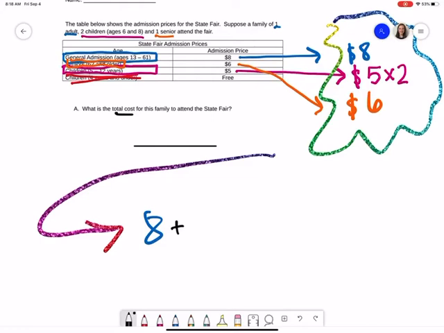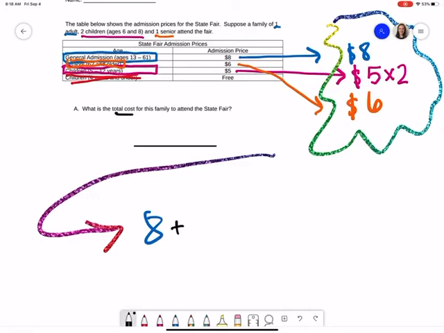So we have 8 plus, okay, next we have 5 times 2. We know that we need that multiplied in order to get the total number of tickets for the children. So, to keep that all together, because we don't want to split it up and accidentally do 8 plus 5 and 2 plus 6, okay?